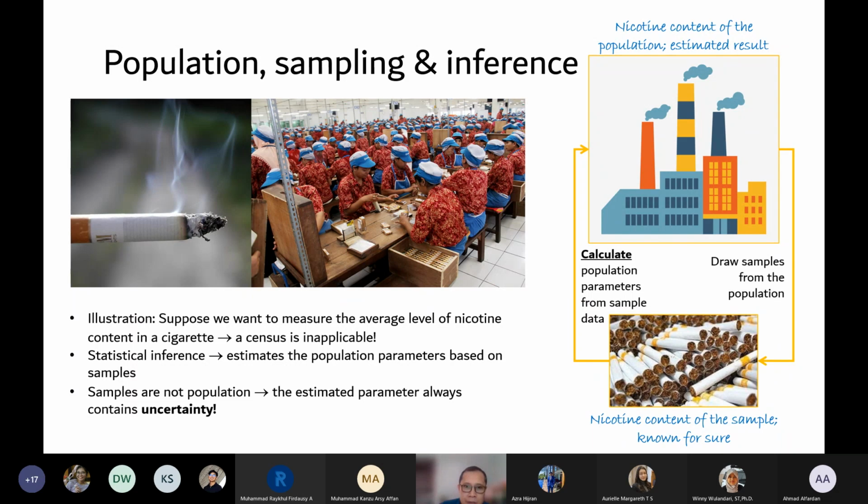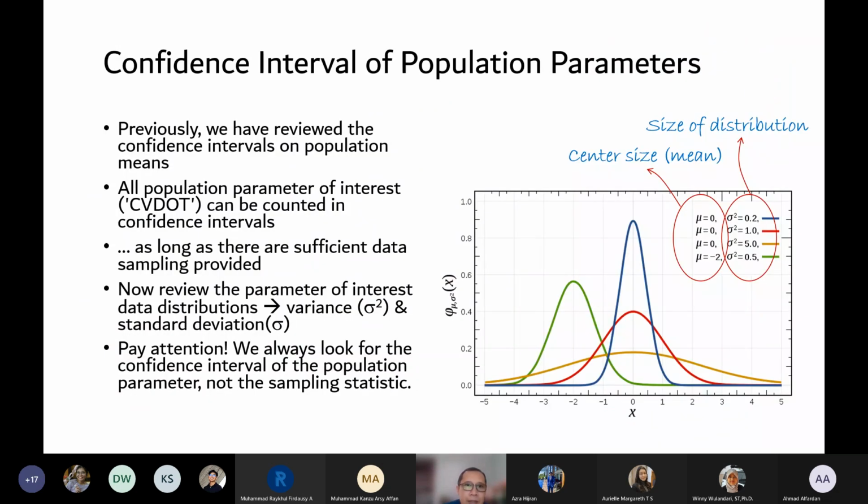Here, we want to calculate the confidence interval of the population variance. Now, to do that, what we need is a distribution called chi-square.